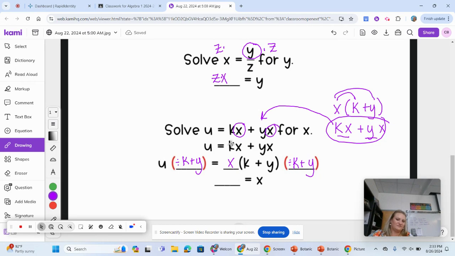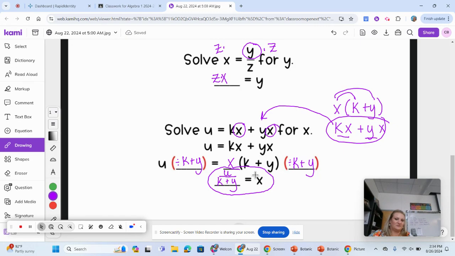Okay, so once you divide by x, then you have the u, and then what we divided by, k plus y. So it's u divided by k plus y.